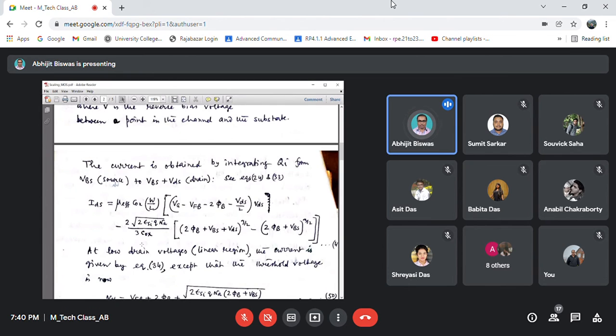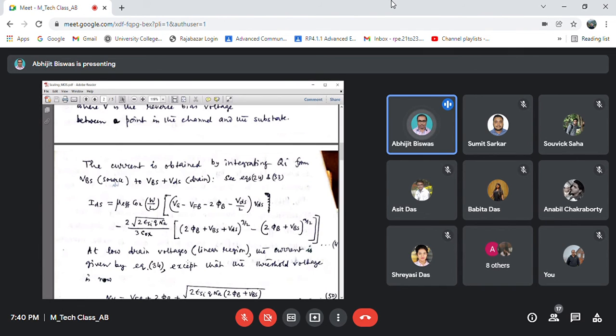You can obtain this relationship, this drain current, that is equal to mu effective COX W by L, and it contains a number of terms, but the modification is done over here on the last term, where 2 phi b plus VBS plus VDS whole to the power 3 by 2 minus twice phi b plus VBS whole to the power 3 by 2.